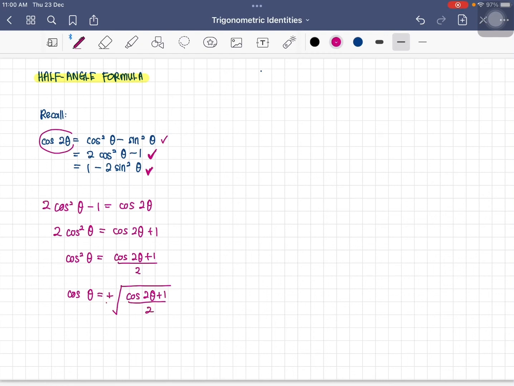When it involves a square root, it should be plus minus that. Now let's look at this theta here, which is actually half of 2 theta. So I'm going to write theta is actually half of 2 theta.